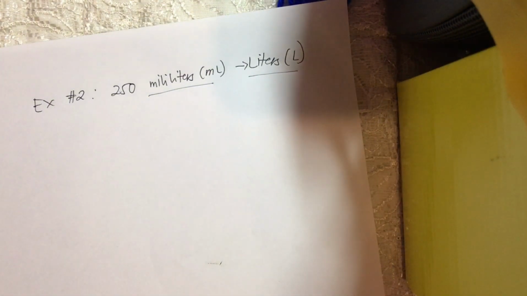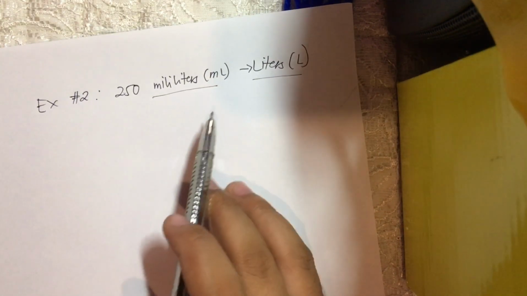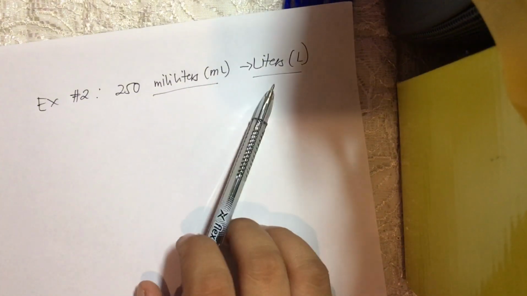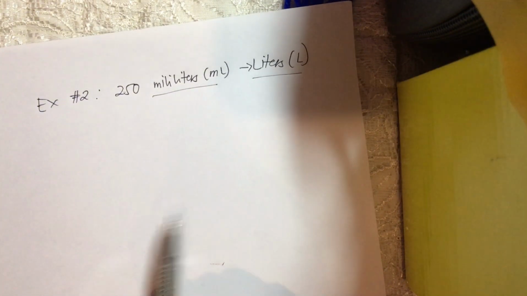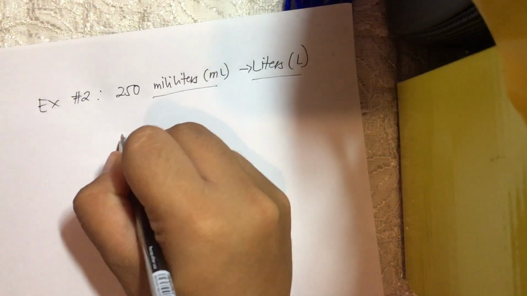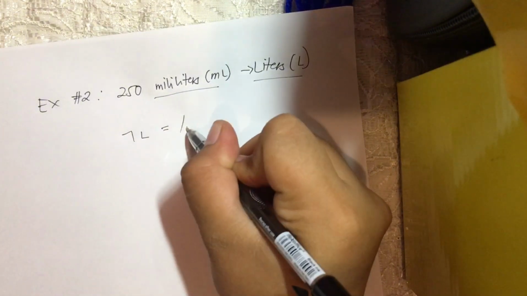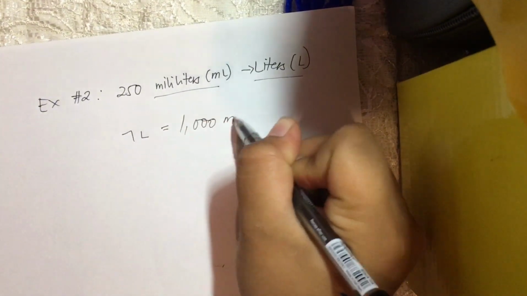So, what will we do after identifying those two? Yes, we have to write the conversion factor. So, what is the equivalent of 1 liter to milliliters? According to the table that I have shown earlier again. Yes, so 1 liter is equivalent to 1,000 ml.